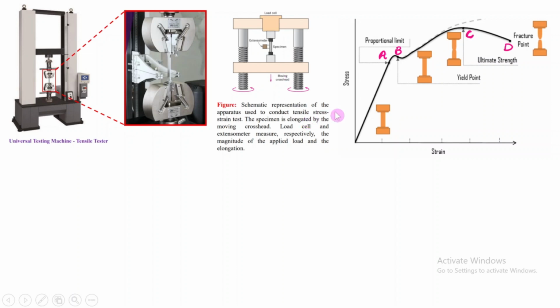In other words, if we apply a perpendicular force on this sample, which is made up of a large number of atoms, and those atoms are arranged in crystal form, the crystal will have some layers.